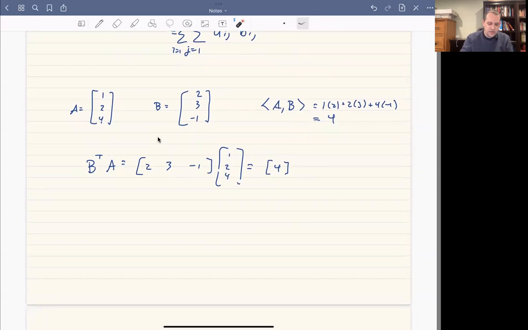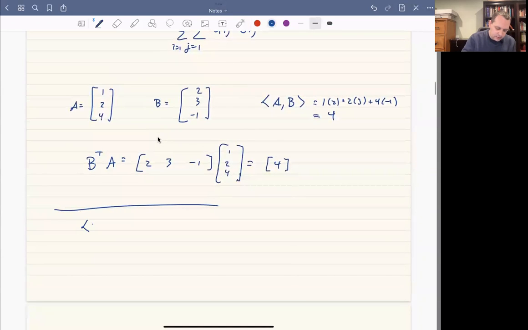A few other things are worth mentioning here, and one thing that I maybe should have explained earlier is that the dot product is a generalization of just standard real number multiplication. What I mean by that is, if I go back to the dot product and think about, say, 1, 2, 3 dotted with 3, 1, 4, we know how to do this.